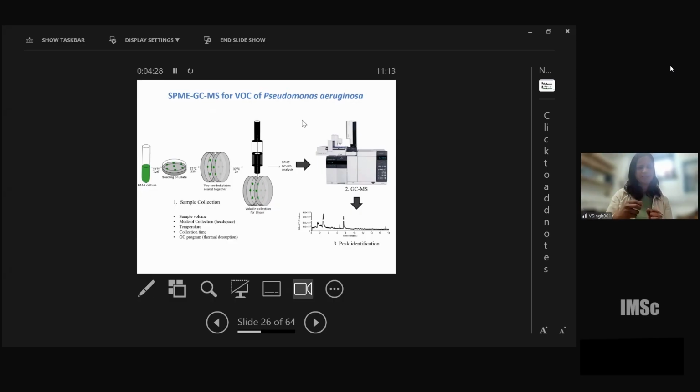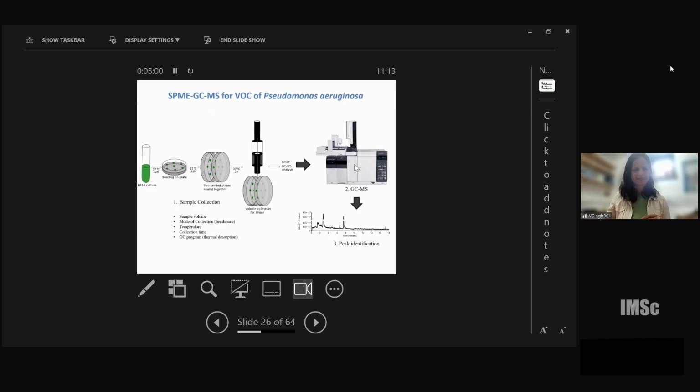Then you take this headspace and use an absorbent material, for example, in this really little needle, which is available from companies like Agilent or Waters, collect those volatile material, and then you send it to a GCMS, which has multiple components. But basically, what you're doing is that you're heating this adsorbent material again to do what is called thermal desorption, so that you release what you had adsorbed first, and then you fragment these ions.